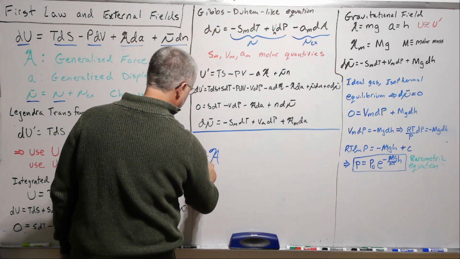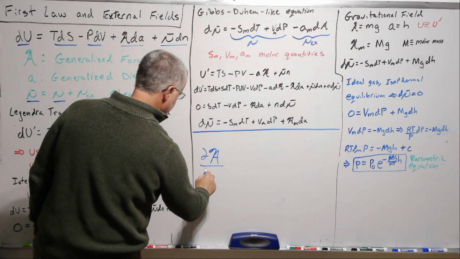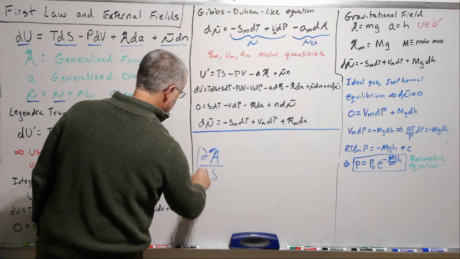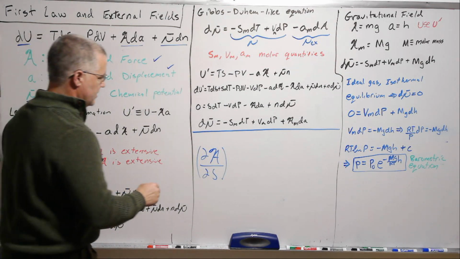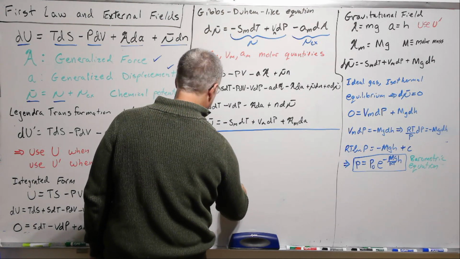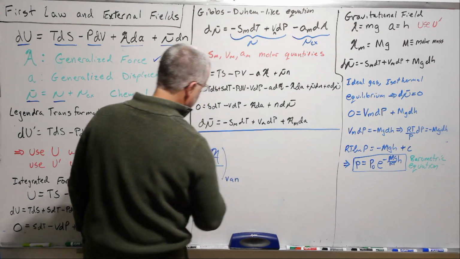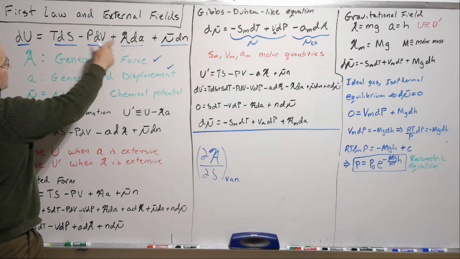So we would write something like partial A, partial S, at constant everything else, so constant V, A, N. These have the same sign, so they're both positive.